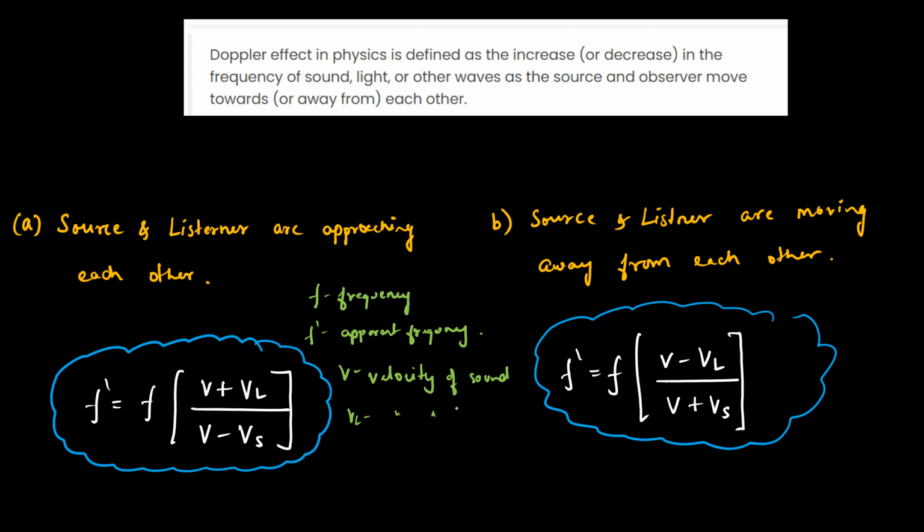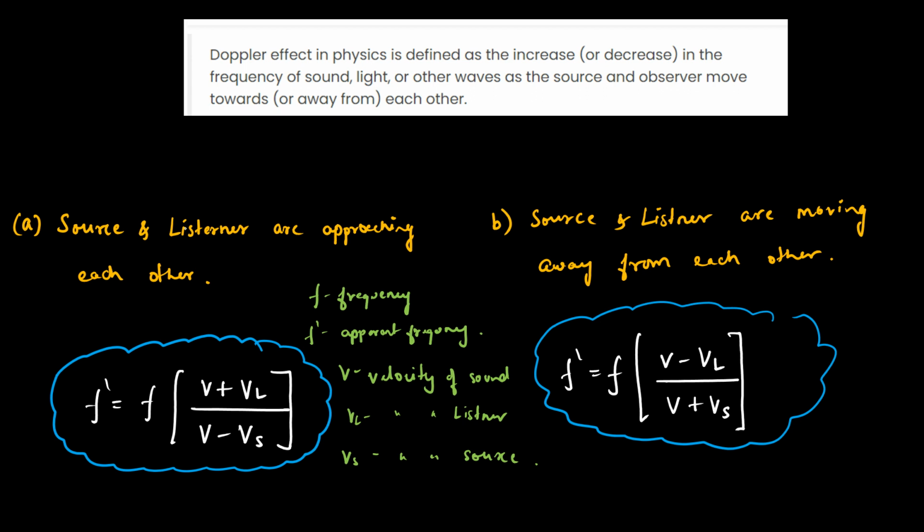Vl is the velocity of listener, and vs is the velocity of source. Source as in some horn or any vehicle that is moving is taken as source, and any person is taken as listener. So only two formulas you have to know, right? From this itself you can make other formulas.